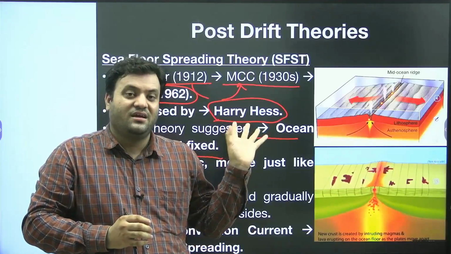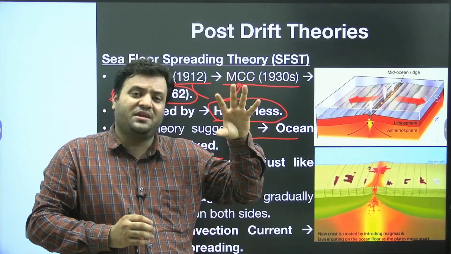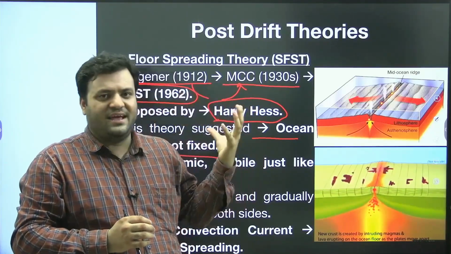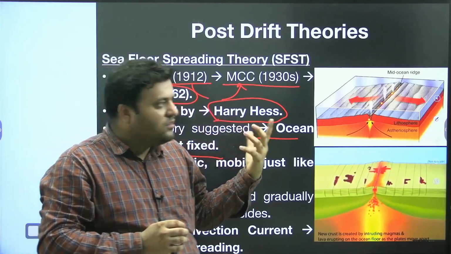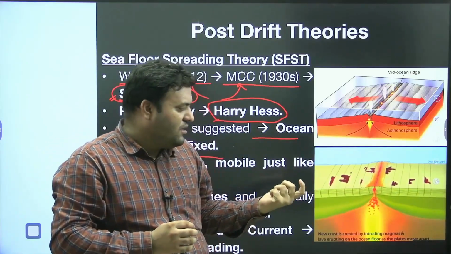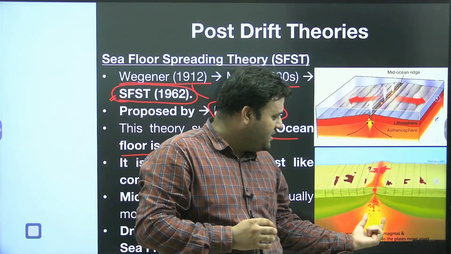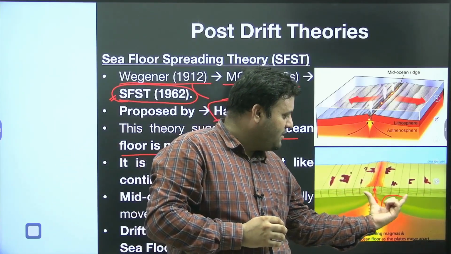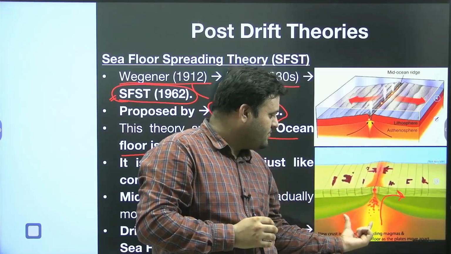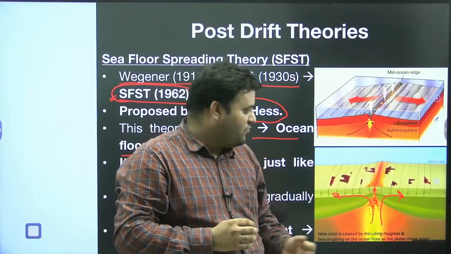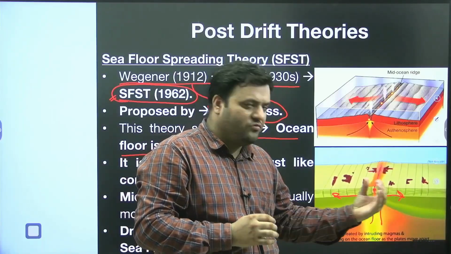I hope you remember that by then, the mantle convectional current theory by Arthur Holmes had been provided. So Harry Hess thought that maybe because of the convectional currents, they might lead to the movement of the ocean crust. Then this crust will move. Suppose we have a crust.